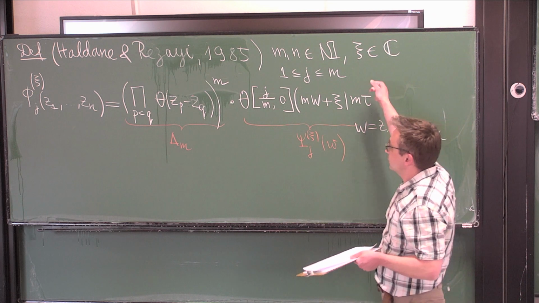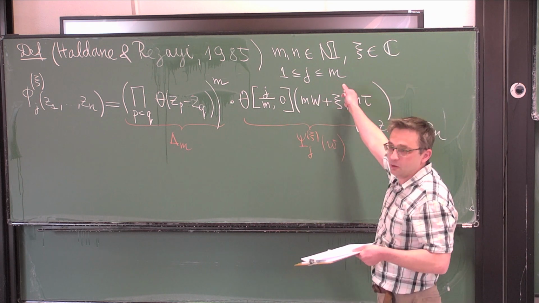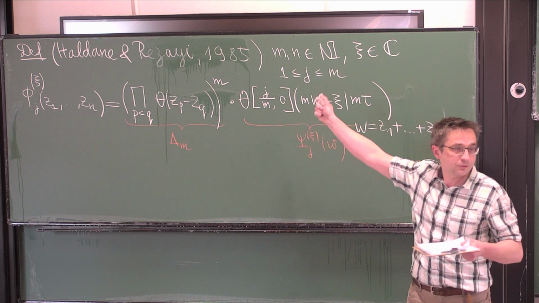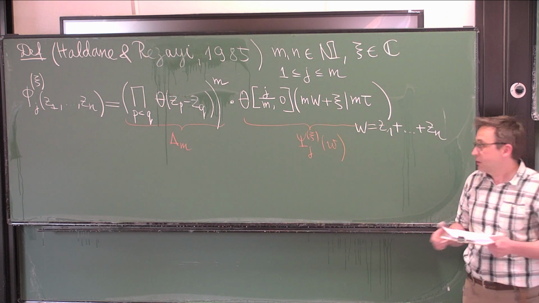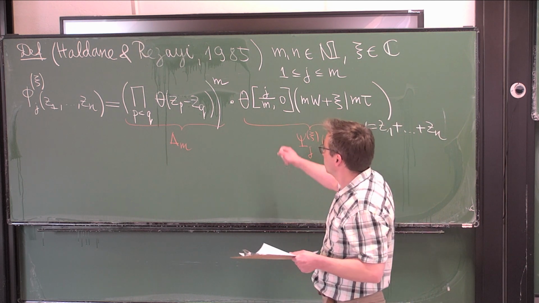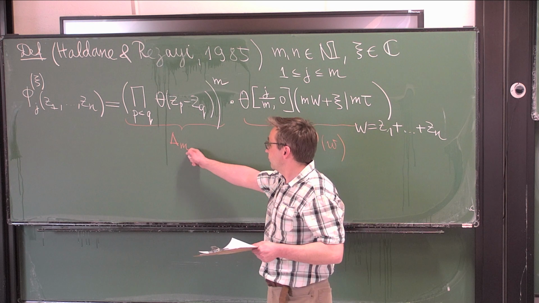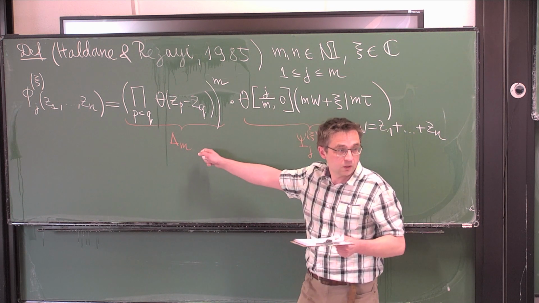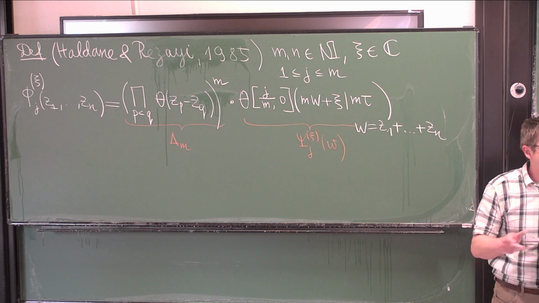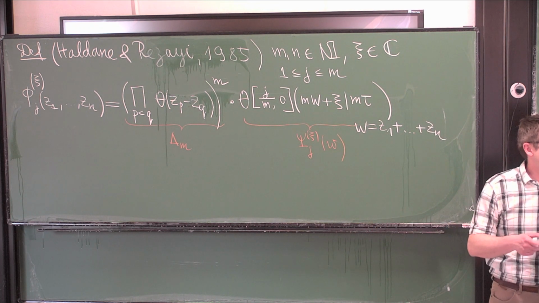One can ask a question about the meaning and the origin of this thing. I'm going to come to it later on. At this moment, let me draw your attention that if m is odd, the entire wave function is antisymmetric, and for m even, we have a symmetric wave function.